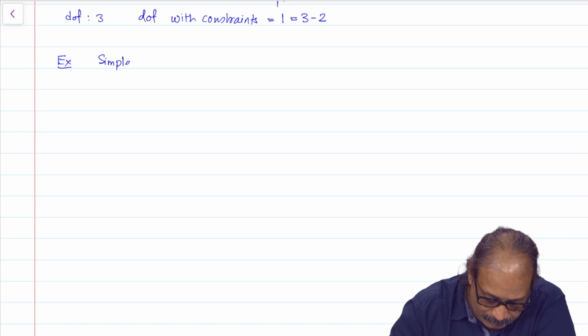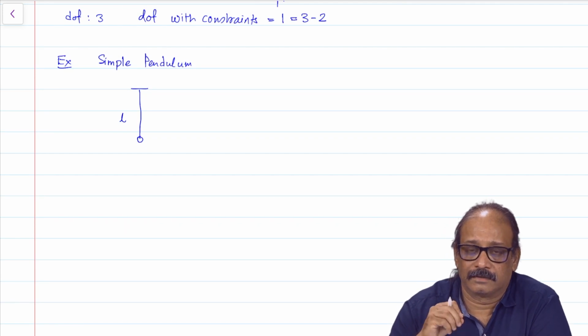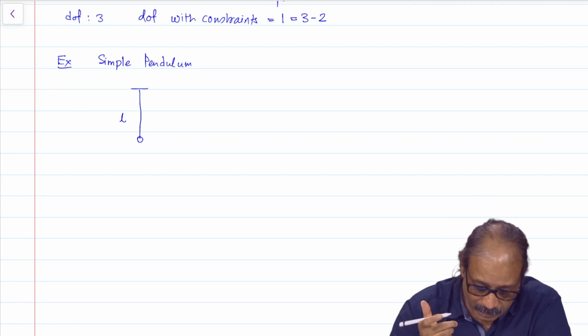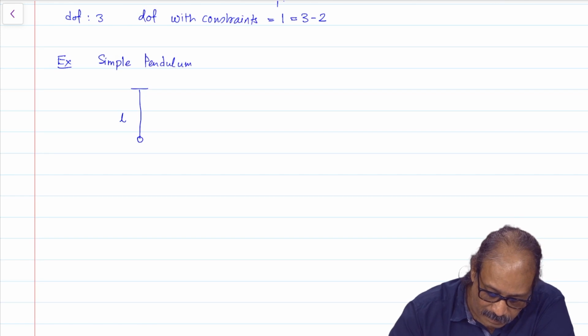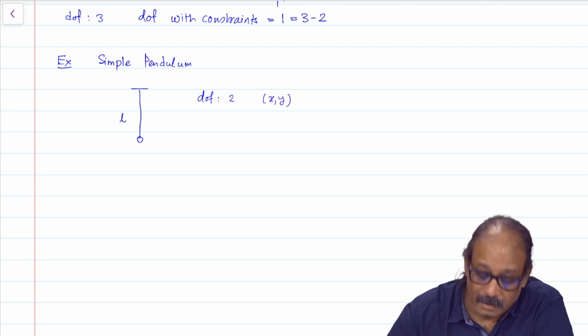Simple pendulum. This is a pendulum with length L. The bob is connected to the suspension point by a rigid wire. So, here the original degrees of freedom without constraint are 2 and the coordinates used are x and y.